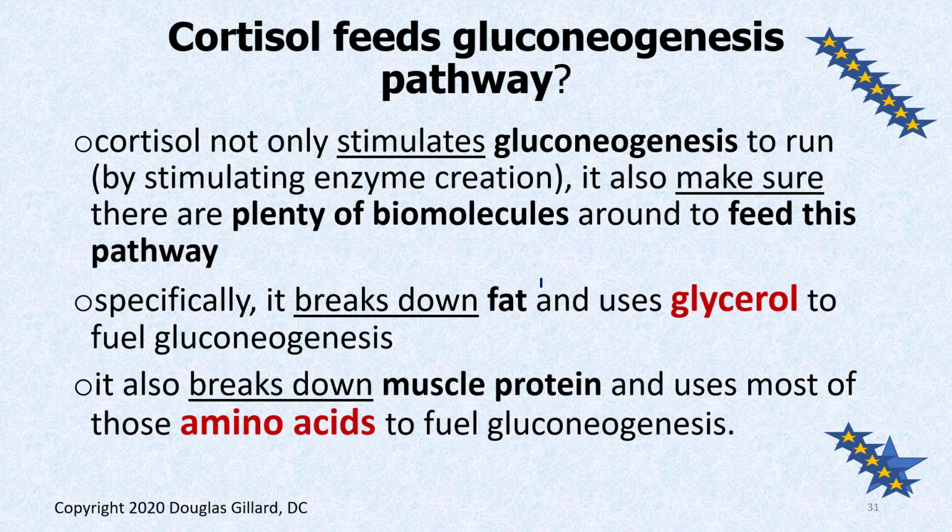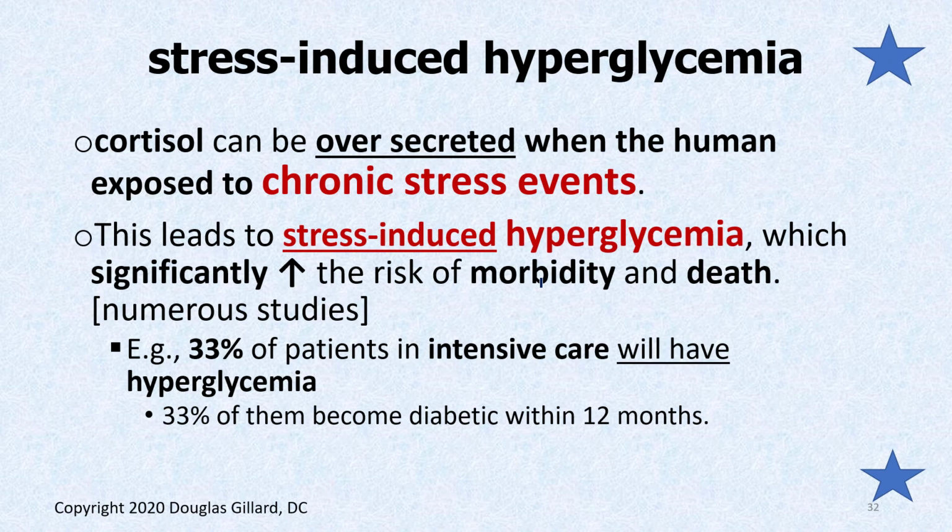Cortisol feeds the gluconeogenic pathway. Yes, cortisol not only stimulates gluconeogenesis, it also makes sure there are plenty of biomolecules around to feed this pathway. So we've said already, it breaks down fat into glycerol, and breaks down muscle proteins into amino acids, and they can be put through gluconeogenesis.